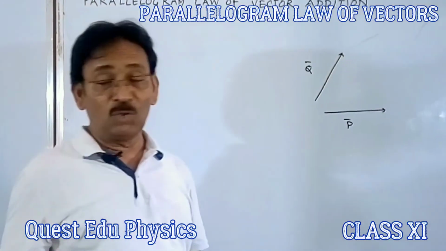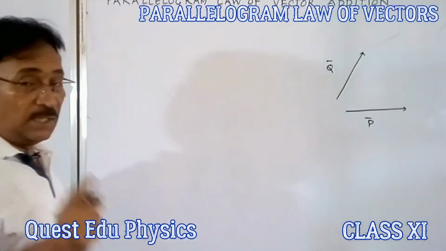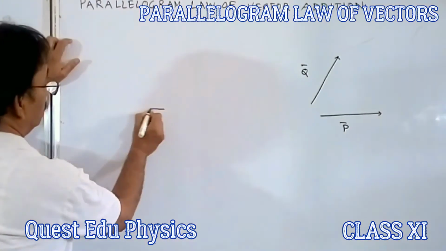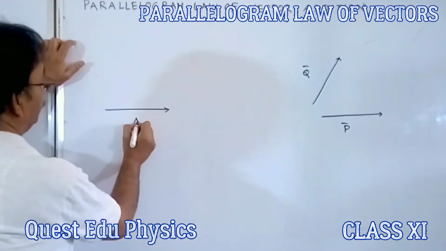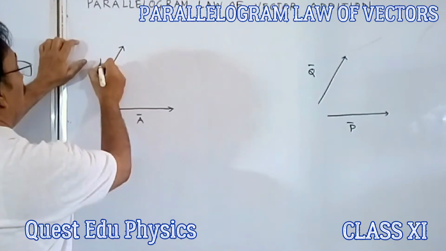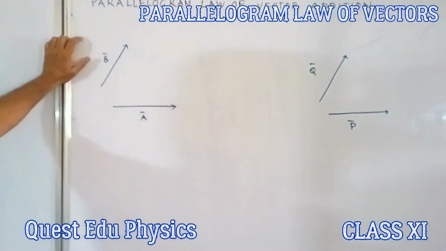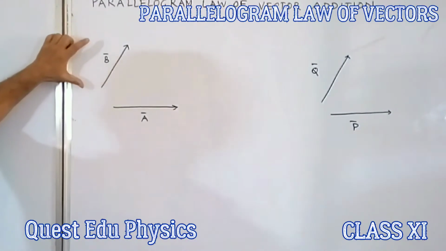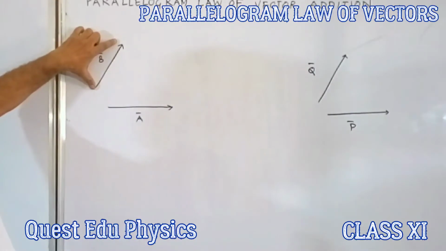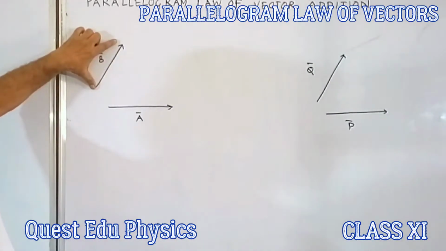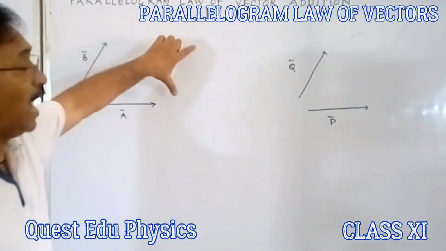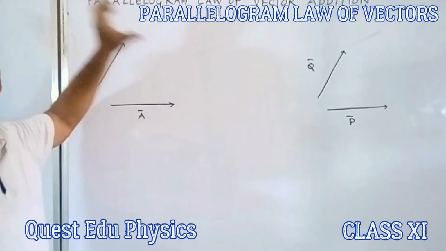Before adding that, we have to know a simple concept, that is transposing of the vectors. For example, say there is a vector A bar and we have one more vector, B bar. What is the transposing of the vectors? It's very simple: changing the position of the vector from one place to another without changing its magnitude and direction.